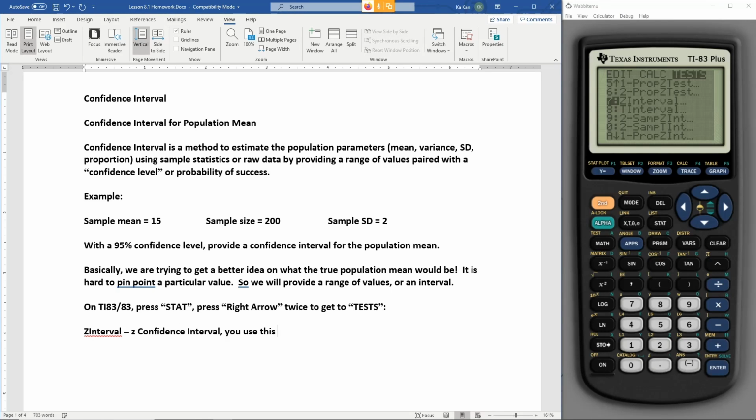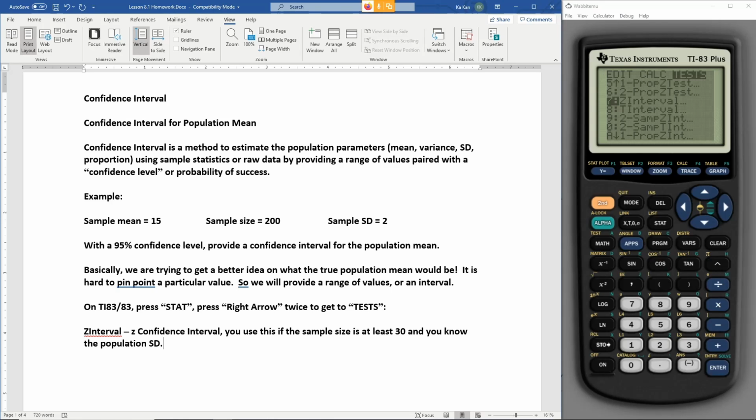You use this if the sample size is at least 30, and you know the population standard deviation.